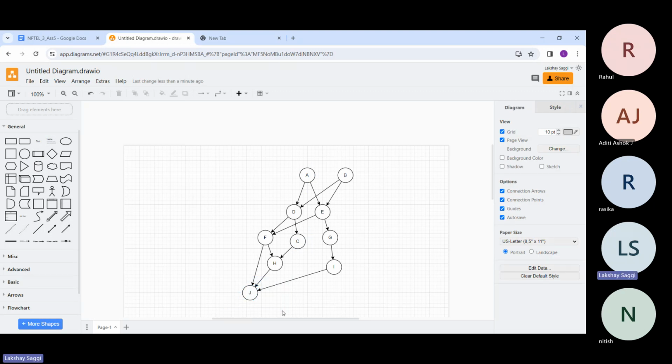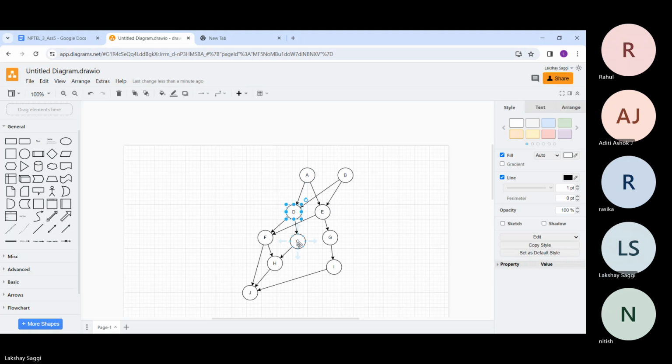I don't think shortest path matters here because the shortest path from A to J will be a lot less: A to D, D to F, and F to J. But if there exists a path which contains 5 vertices here, A, D, C, H, and J, we'll require at least 5 days in the problem.